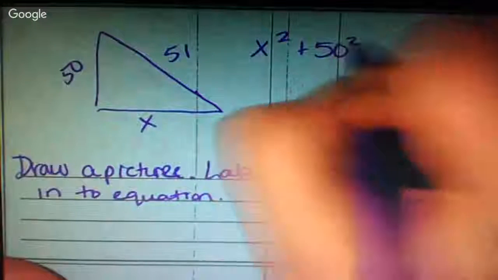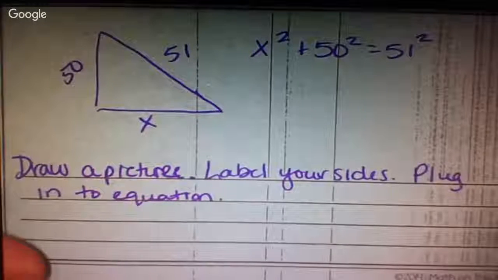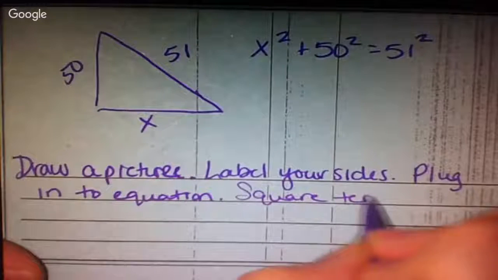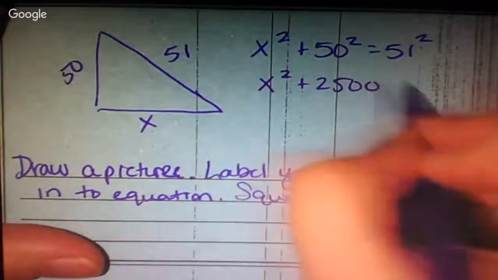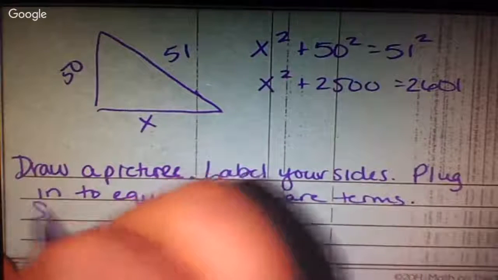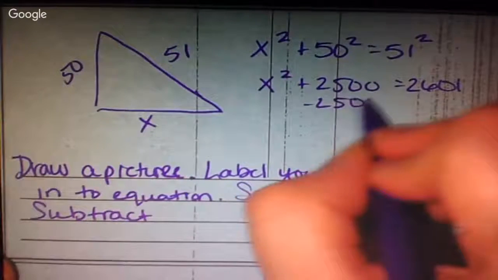So that means now we're at this step. Now what? Square your terms. So now we're at this step. Subtract. So now I'm at this step.